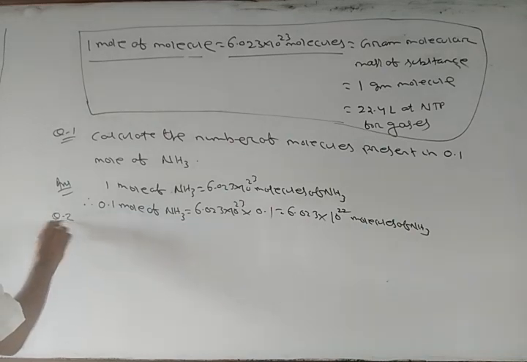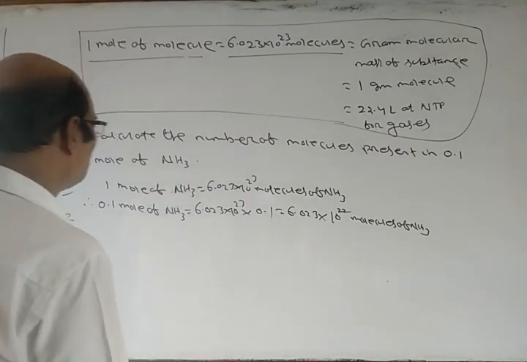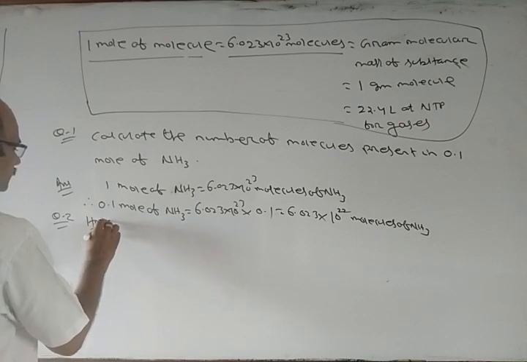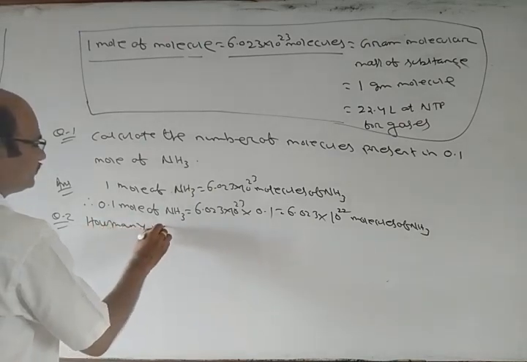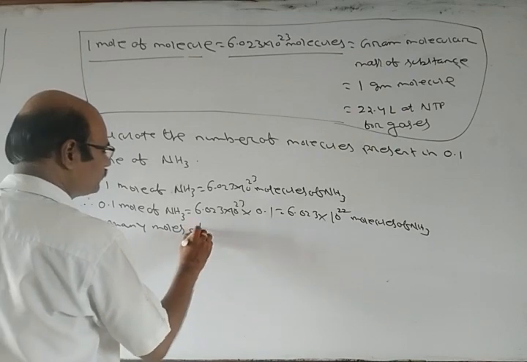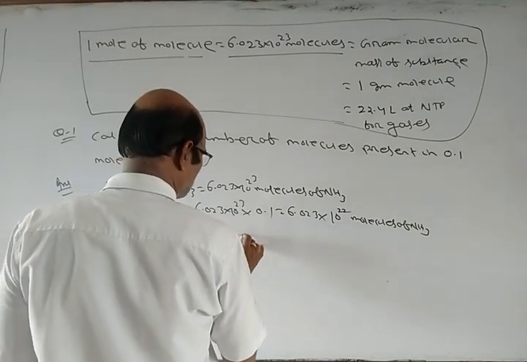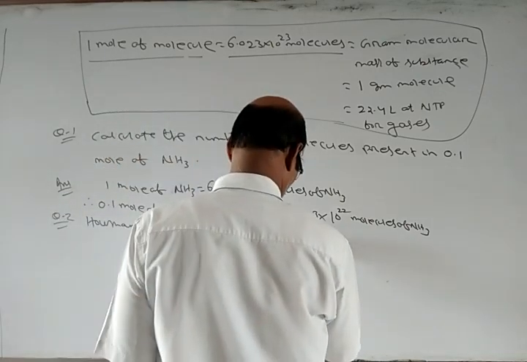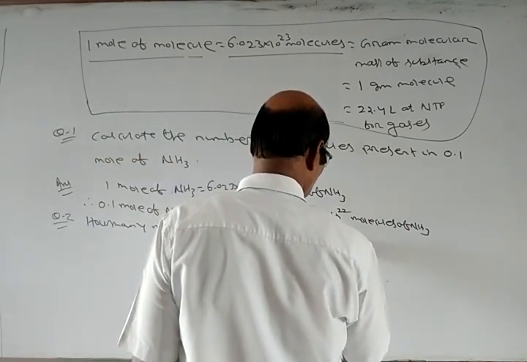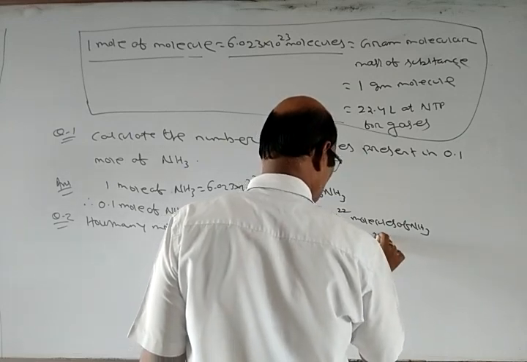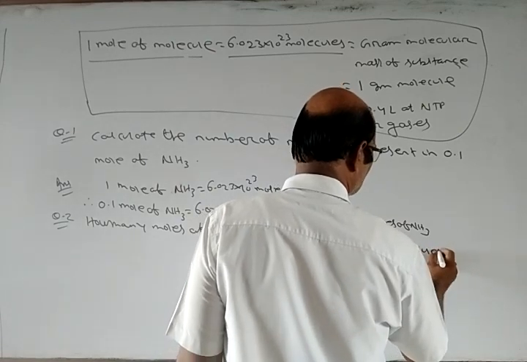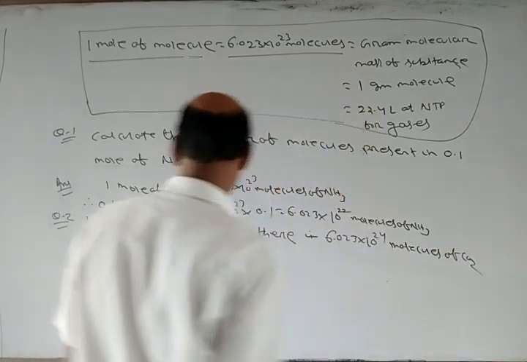Question number 2. Now see, here we have calculated the number of molecules in a mole. Now, how many moles of carbon dioxide are there in 6.023 into 10 power 24 molecules of carbon dioxide?